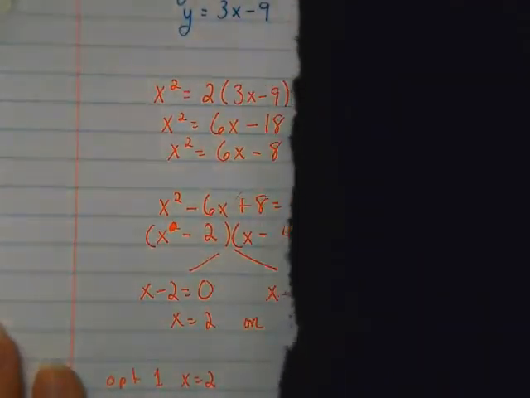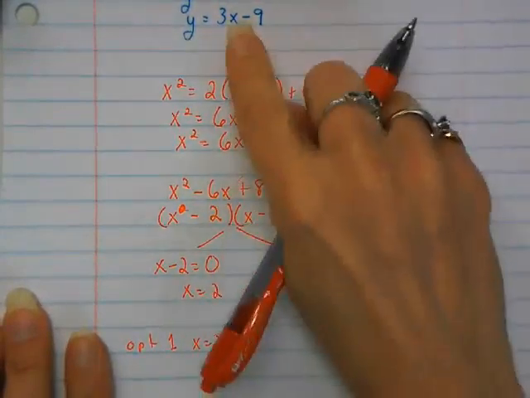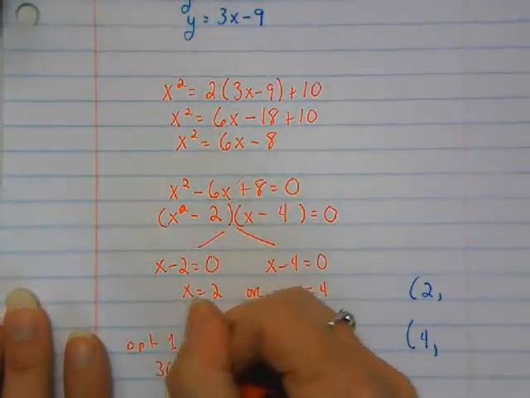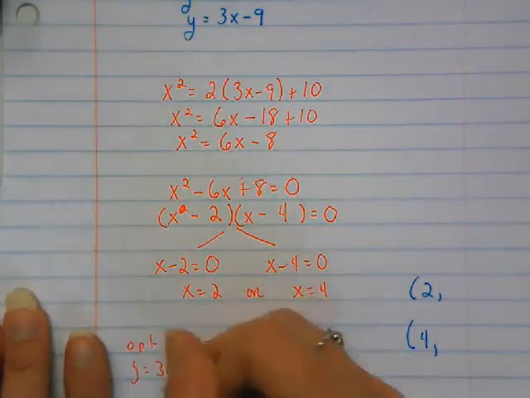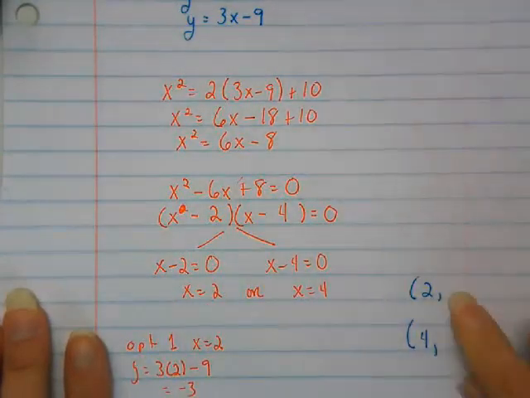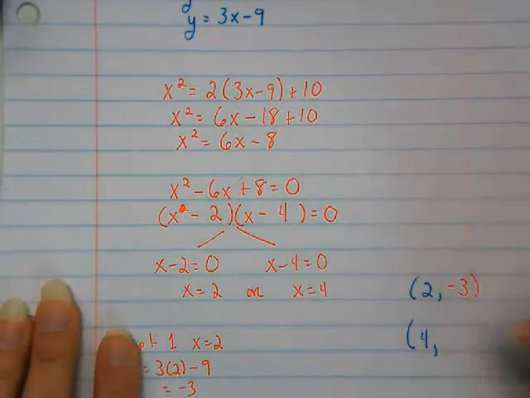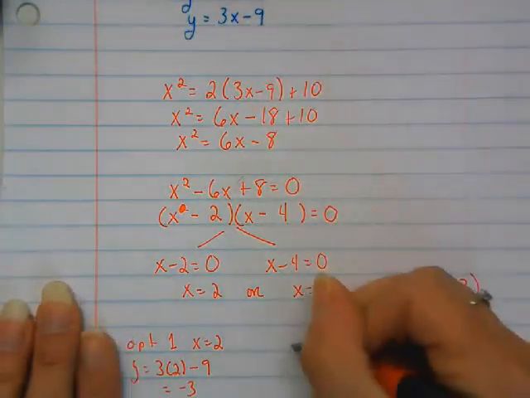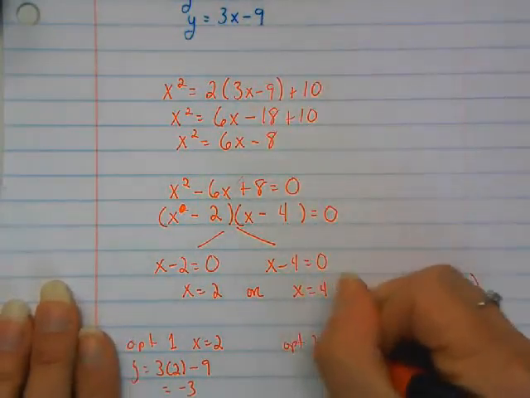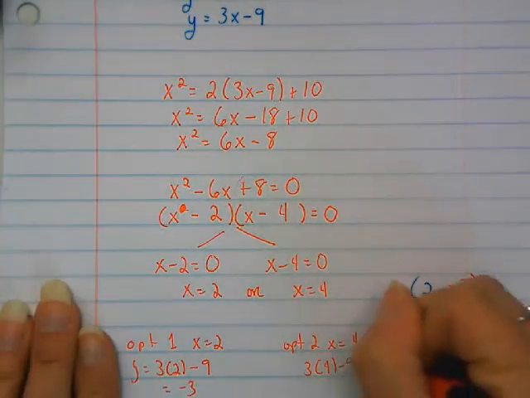Let me unzoom for just a minute so you can see everything I'm doing. Alright, I'm going to plug 2 into here. So 3 times 2 minus 9, which gives me negative 3. So when x is 2, y is negative 3. Now I'm going to do the same thing, plug it back into here when x was 4. So option 2, x was equal to 4, so I do 3 times 4 minus 9 is 3.